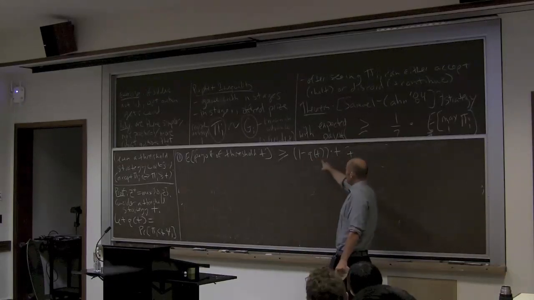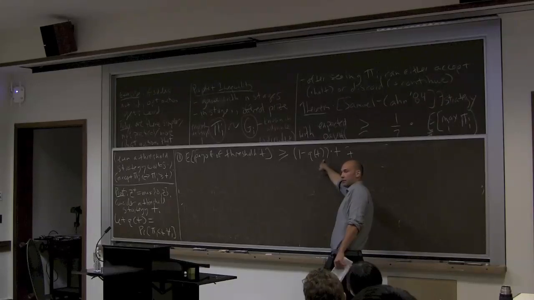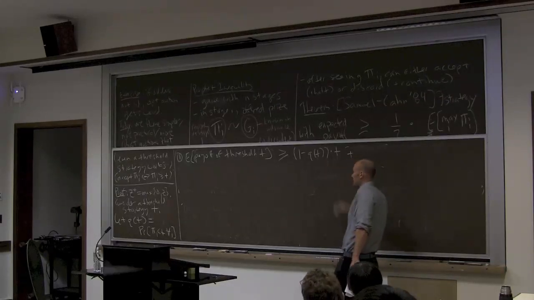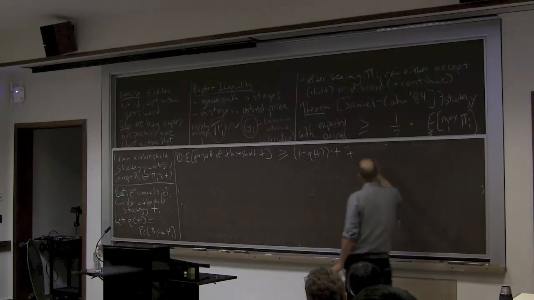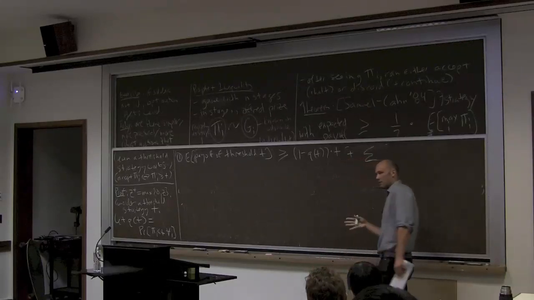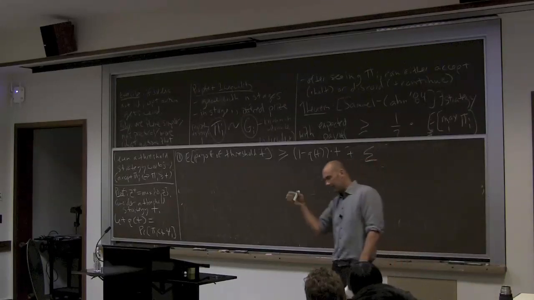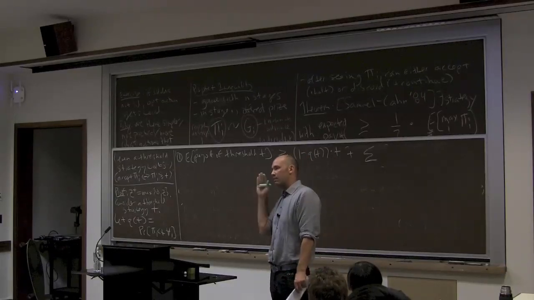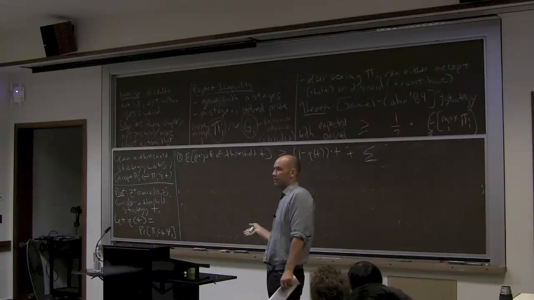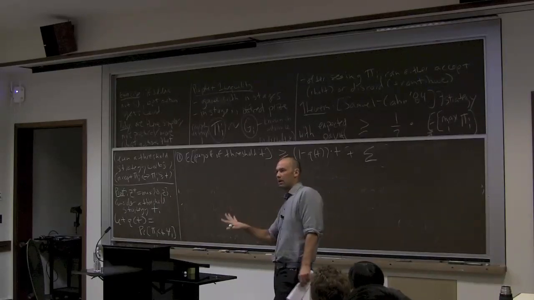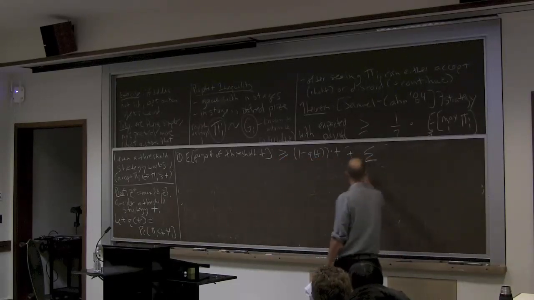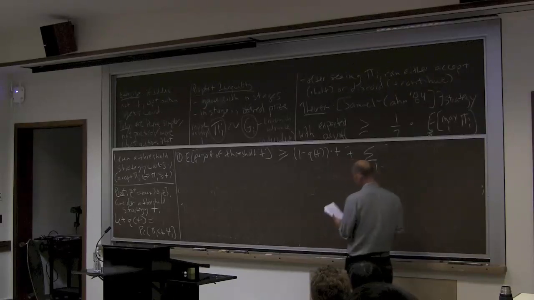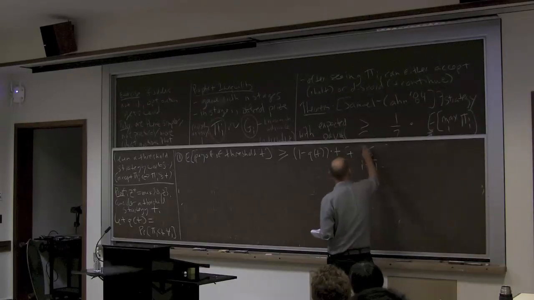Remember, this says at least one prize is at least t. So I always get t in that case. Plus, I'm going to sum over the items, or over the stages, and at a given iteration I, sometimes prize I will be bigger than t and everything else will be less than t. In that case, I'll give myself the extra credit of VI minus t. So sum over the candidates for being the sole prize above t.